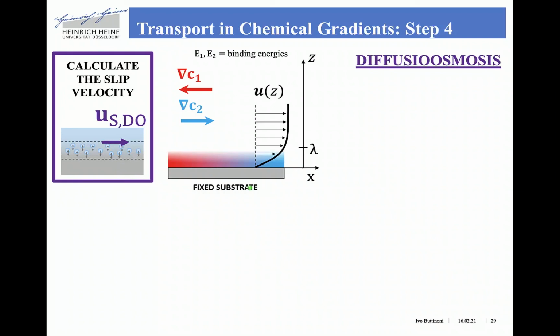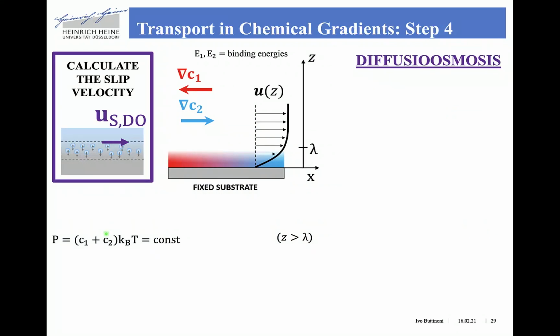So in this problem, if we are far away from the surfaces, so at distances that are larger than lambda, the osmotic pressure has to equilibrate, so this P is constant along x, where C1 and C2 are the concentrations of the species 1 and species 2 in bulk.